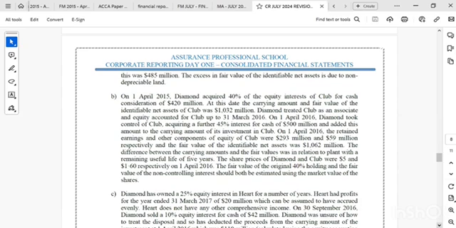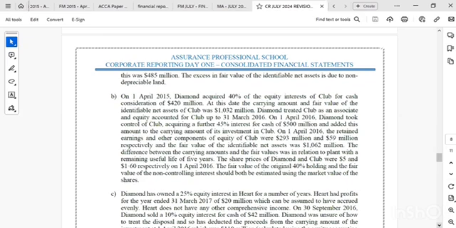The share prices of Damo and Club were $5 and 1.6 respectively on 1st April 2016. The fair value of the original 40% and the fair value of the controlling interest should both be estimated using the market value of the share price.